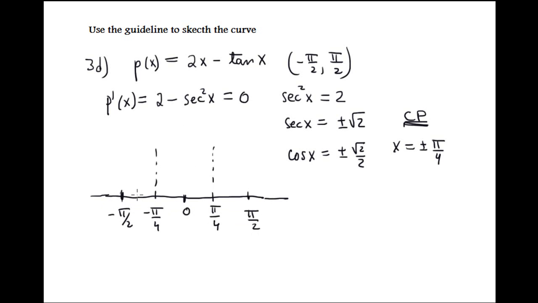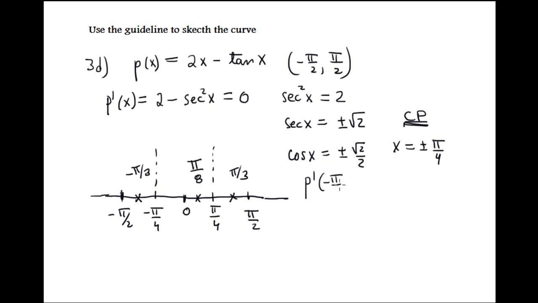So I select, for example, here negative pi over 3, here positive pi over 3. I don't select 0, why not? Because 0 has no sign, it's 2 times 0 times 0 is 0. So I select, for example, pi over 8, and you evaluate that value in the first derivative.